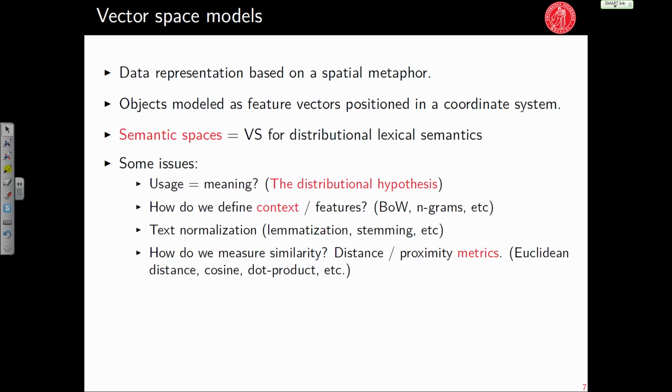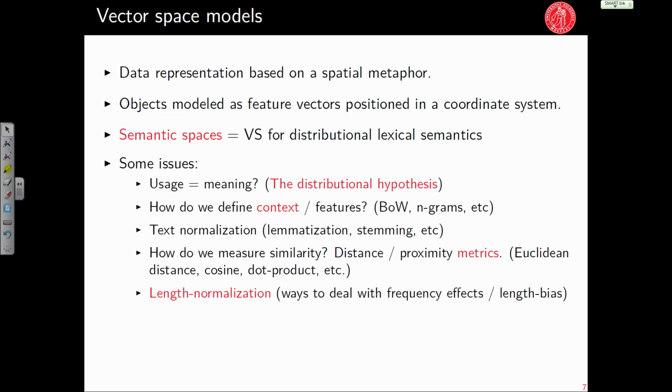We also considered different ways of measuring similarity. So we said that similarity in this representation amounts to spatial distance, and we introduced two ways of computing this spatial distance: the Euclidean distance and the cosine similarity, which computes the angles between the vectors.